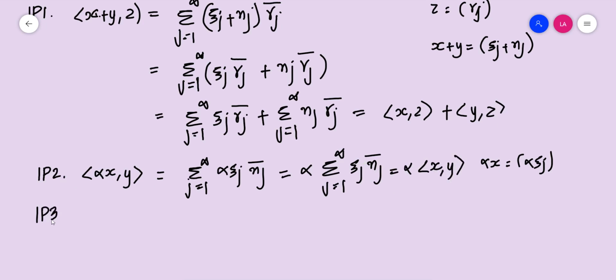Moving on to the third property, inner product xy we know is summation j is equal to 1 to infinity theta j eta j conjugate.